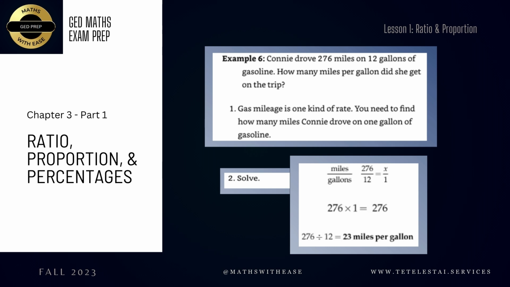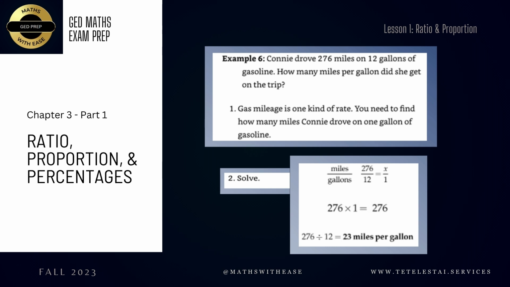So we're going to write down our proportion as 276 over 12 equals X over 1. And what are we going to do? We're going to cross multiply. Okay, so 276 times 1 is 276. X times 12 is 12x. And so what do we have? 276 equals 12x.